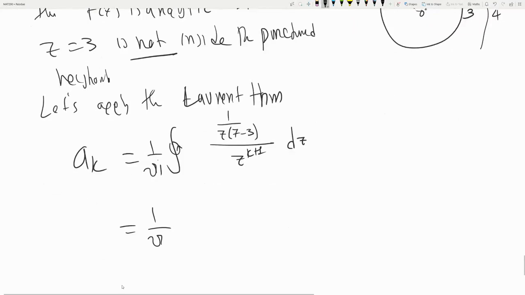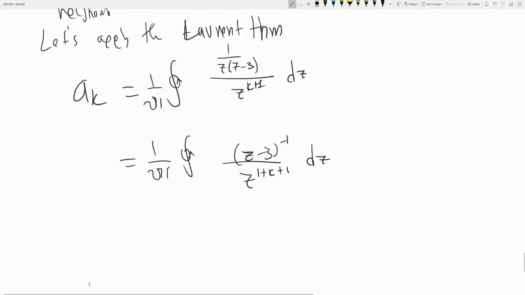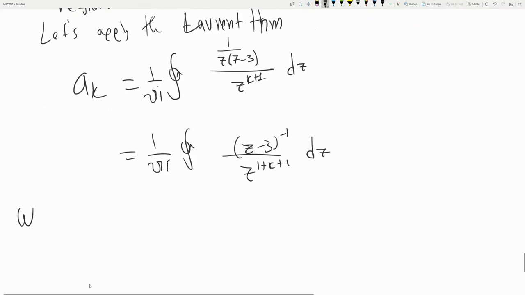Let me write it a little bit differently: 1 over (z minus 3) times z to the k plus 1. So as before, you have to figure out when it is 0.